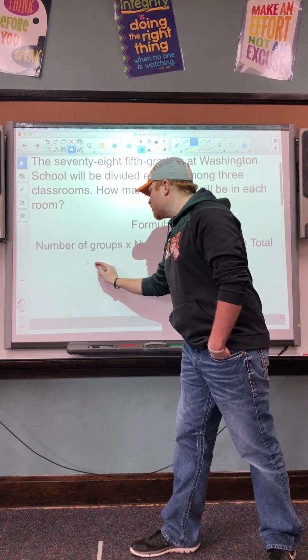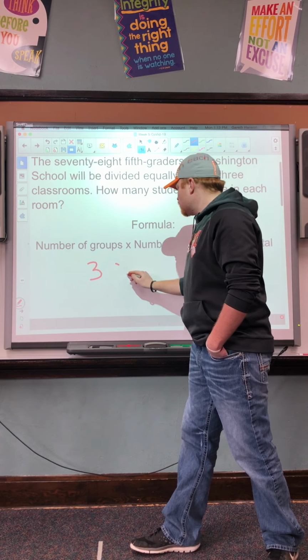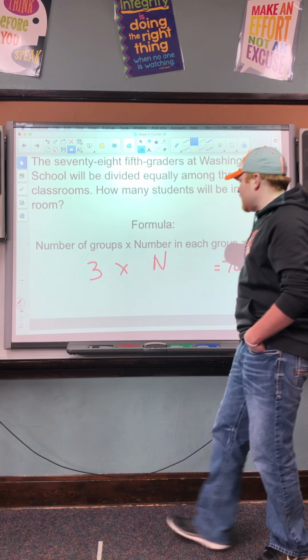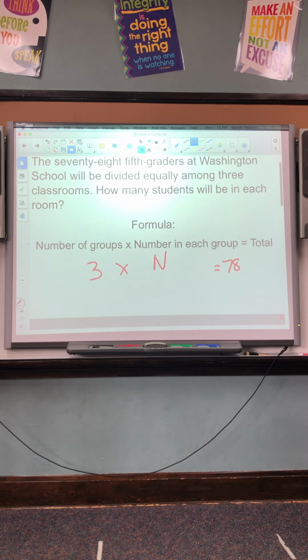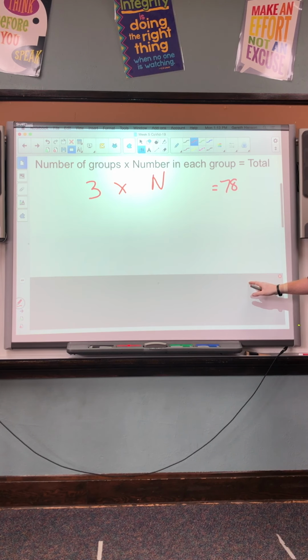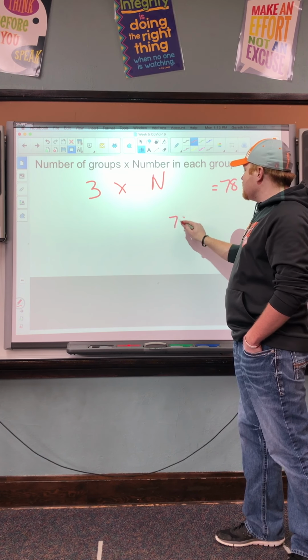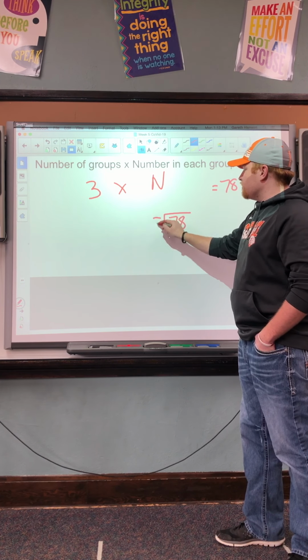It goes in the number of groups, because there's going to be 3 classrooms. That's 3 groups. So we're trying to find the number in each group. It'd be 3 times n equals 78. To solve this multiplication formula, we have to divide. So we would go 78 divided by 3.